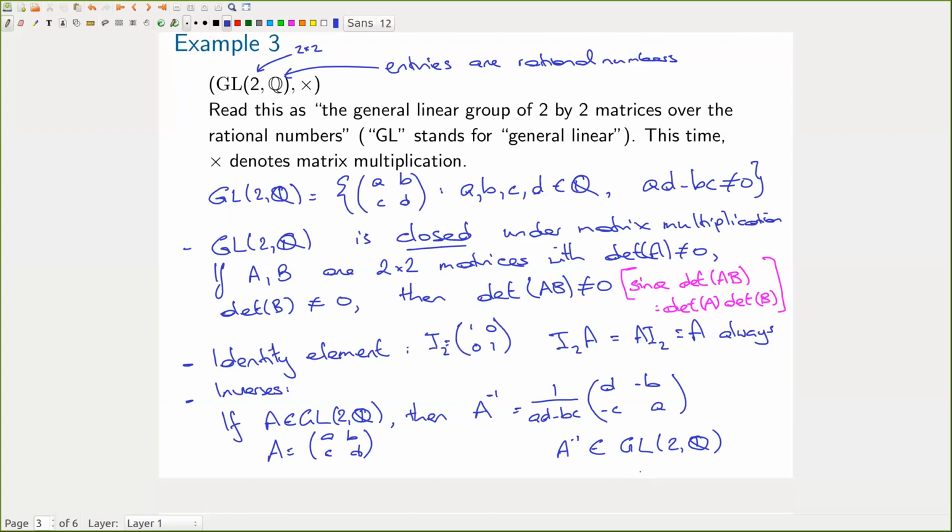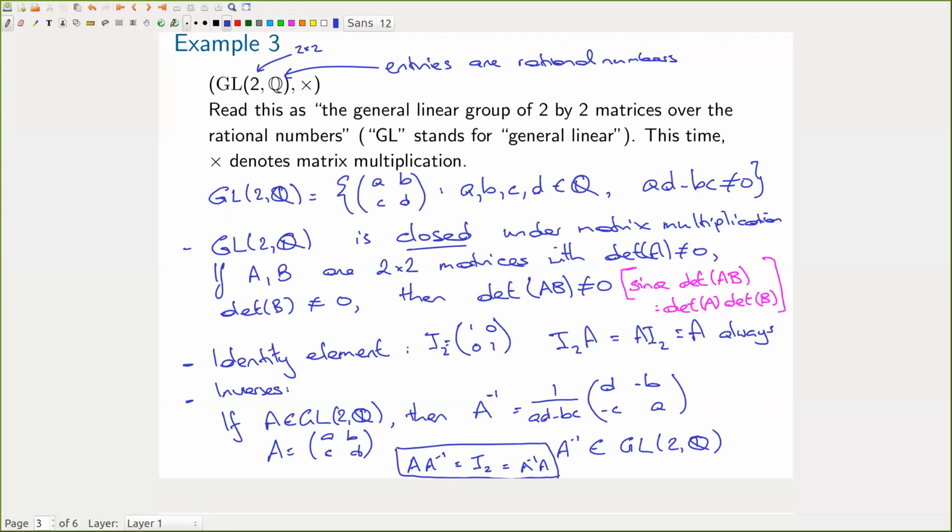And of course, the property that A and A inverse have is that if we take A multiplied by A inverse, we get the 2 by 2 matrix identity, and if we take A inverse multiplied by A, we get the same thing. So those two elements are inverses to each other with respect to that operation.